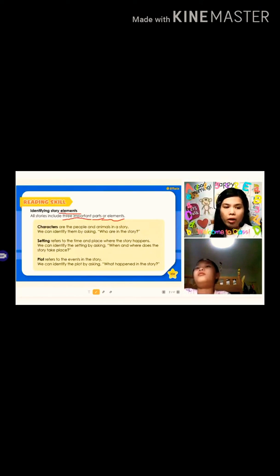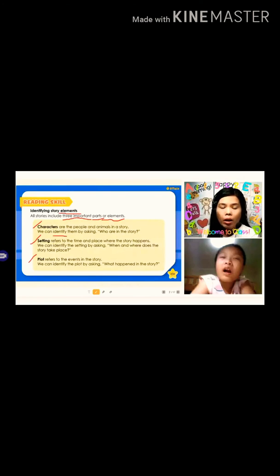The first one is character, second is setting, third is plot. Now, can you read the first one? Characters. Characters are the people and animals in a story. We can infer them by asking who are in the story.